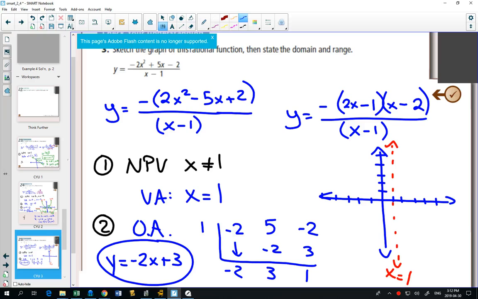So that means I have a y-intercept at plus 3, a slope of -2, down 2 over 1, down 2 over 1. And label that asymptote as well.